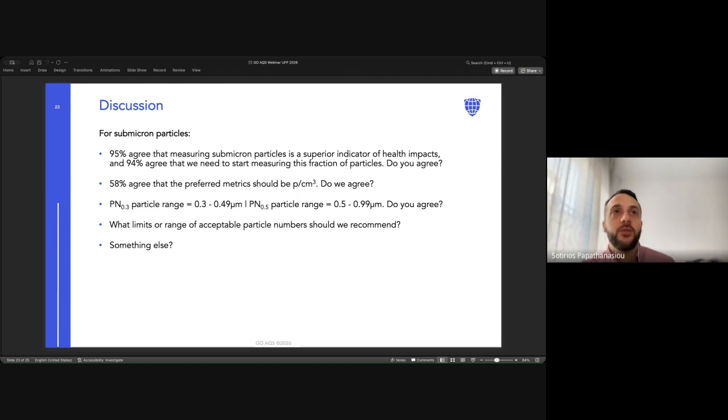And when it comes to your comment about the confusion with PN 0.3, PN 2.5, those numbers are coming from the ISO certificate or the ISO standard, regarding how they calculate and how they calibrate the sensors to those specific sizes of particles.